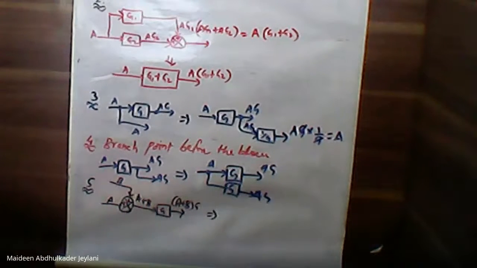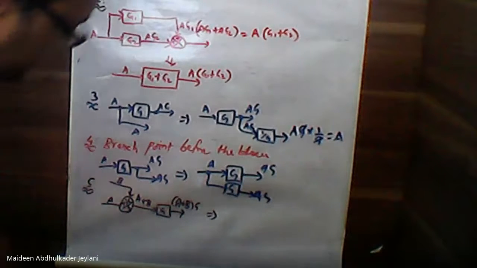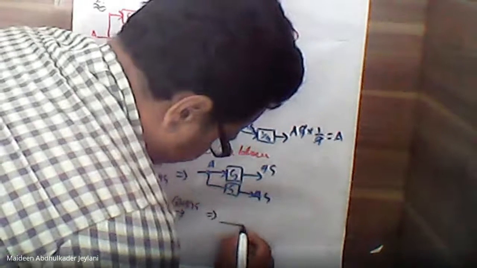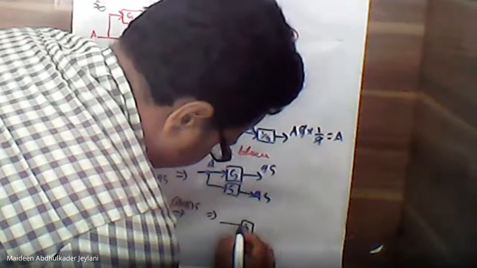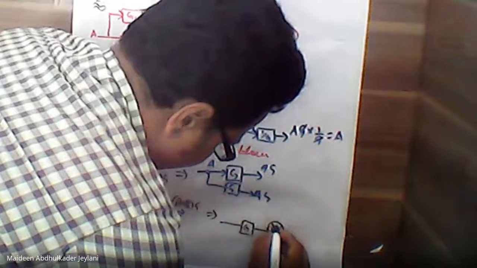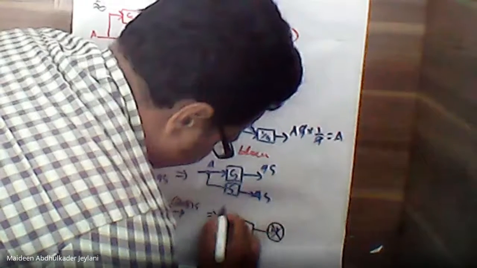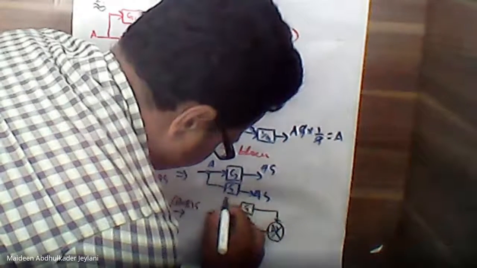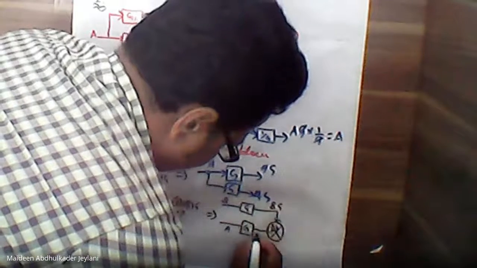So if you bring your summing point ahead of the block, this is AG.